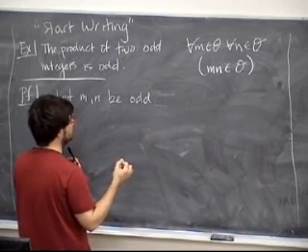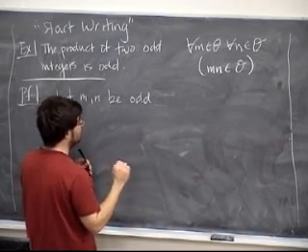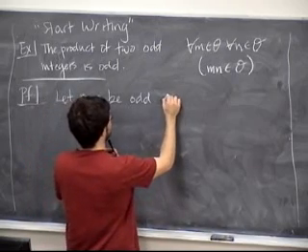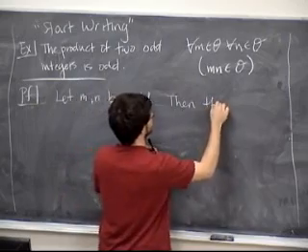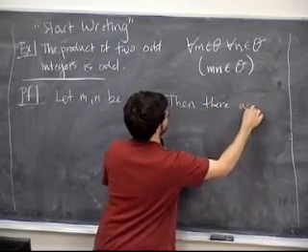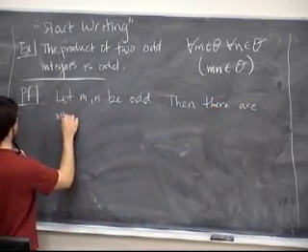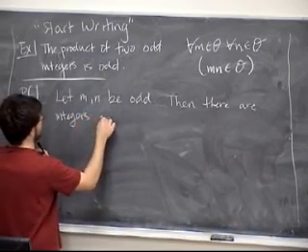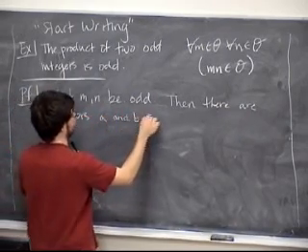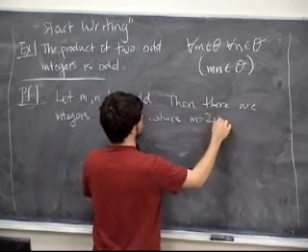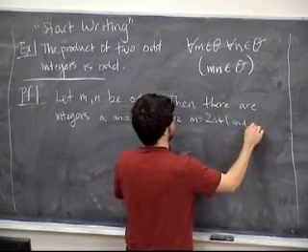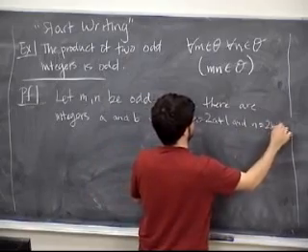So fine, we don't really know anything yet, but let's try writing out what odd means. Then there are integers a and b where m is 2a plus 1 and n is 2b plus 1.